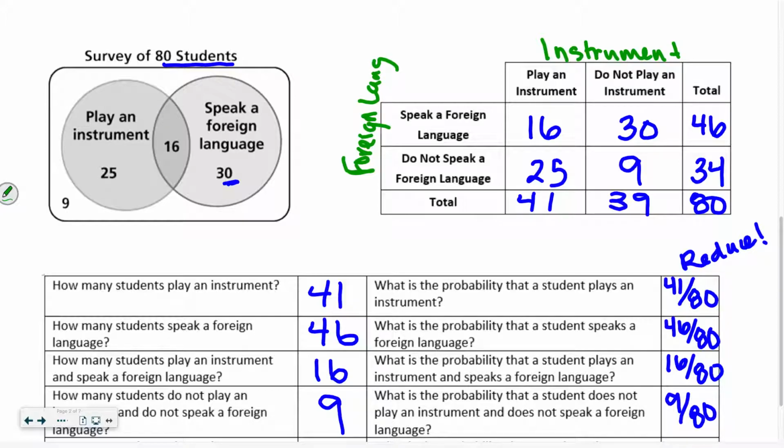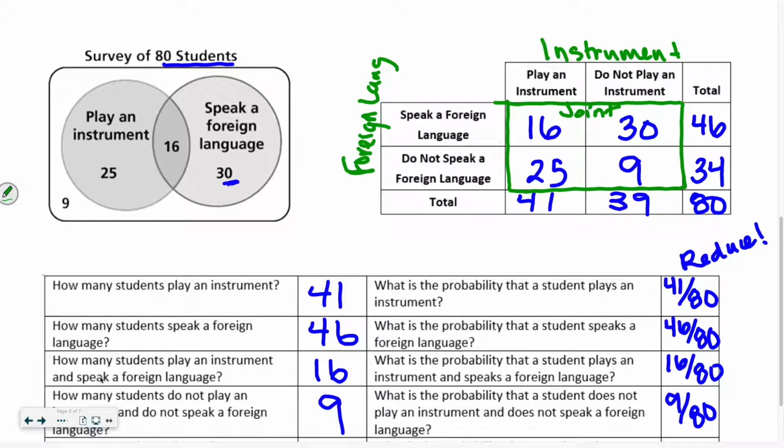And the joint frequencies are all of the entries where we're putting those things together. Whether it's I play the instrument and speak the language, I play the instrument and don't speak the language, and the others as well. So that's what I'm talking about when I say joint, those two things together. These things right here are your joint frequencies.